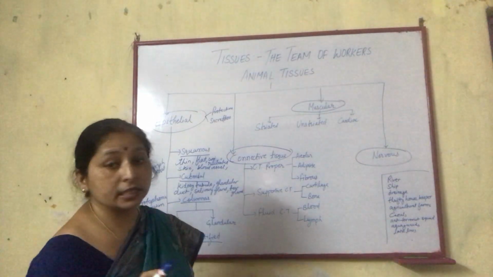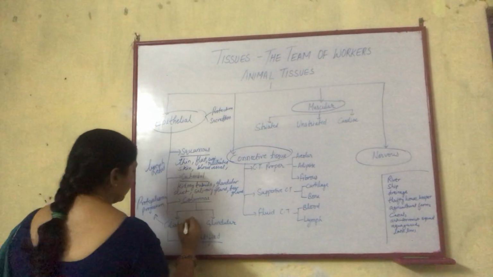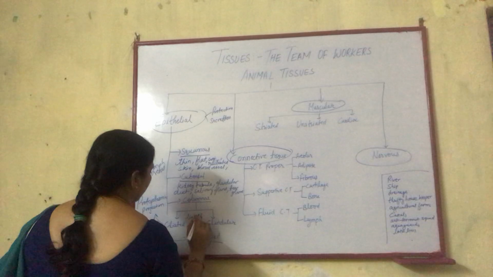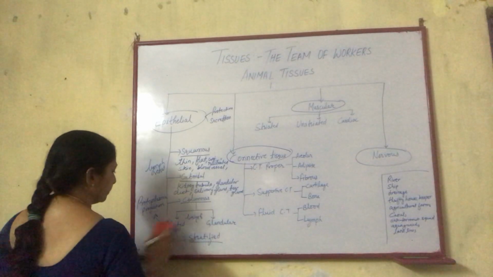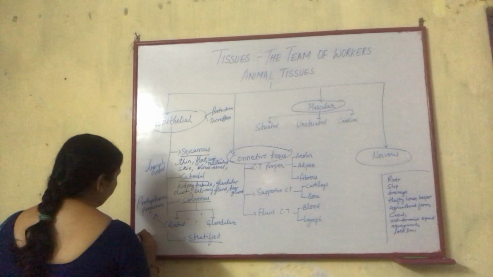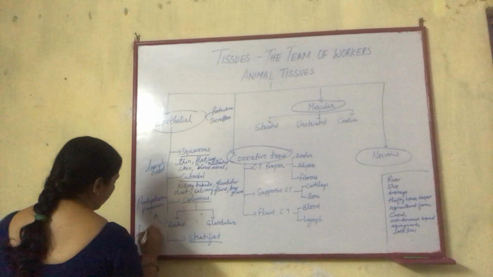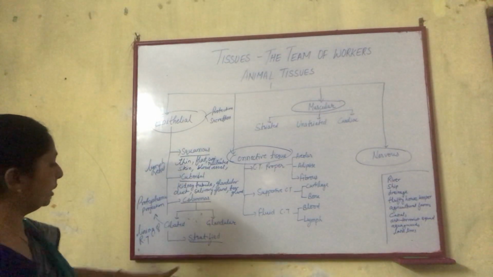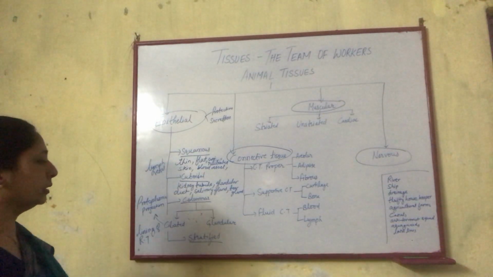Ciliated epithelium is present in the lining of the respiratory tract. Next is glandular epithelium.